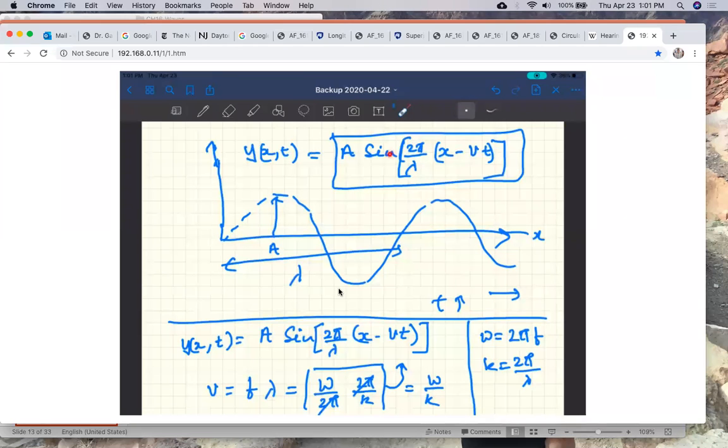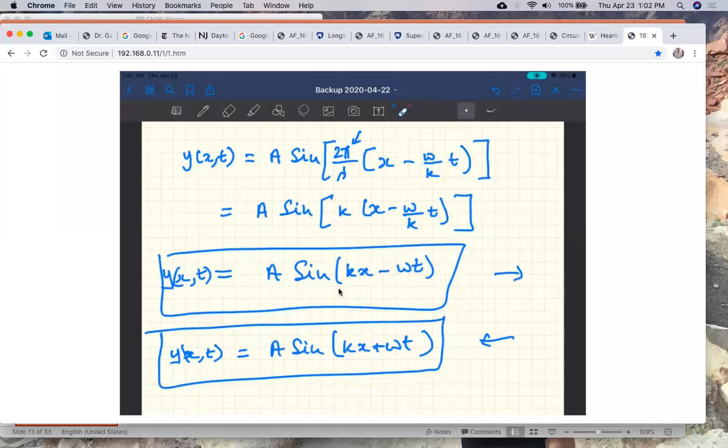Okay, so we are going to simplify this. We're going to write this expression in conventional form. Okay, so this traveling wave to the right is a sine 2 pi by lambda times x minus vt. V is replaced by omega by k. And this right here is also k.